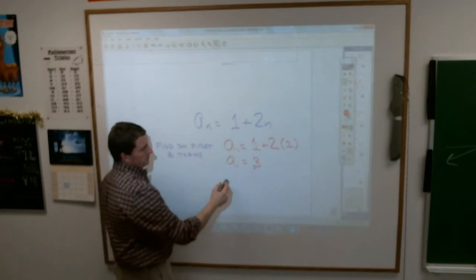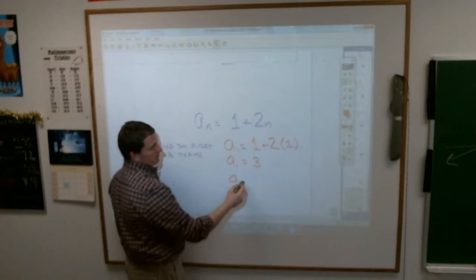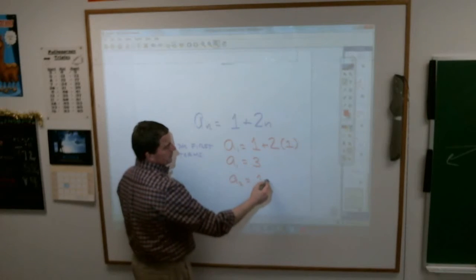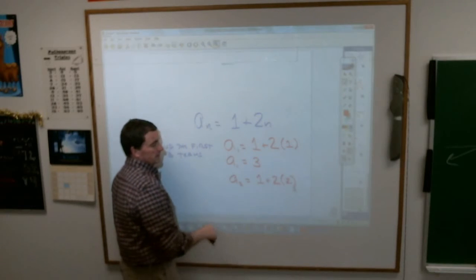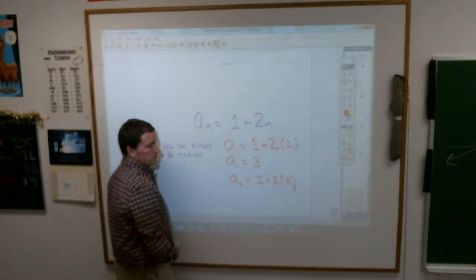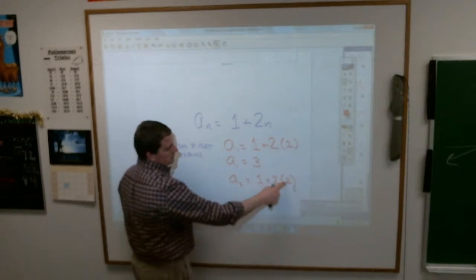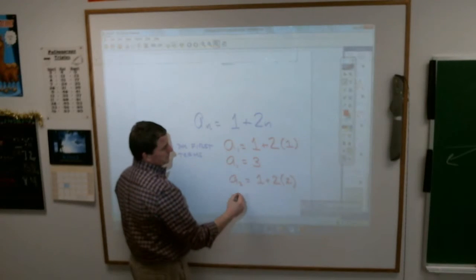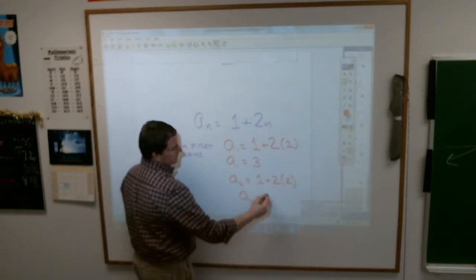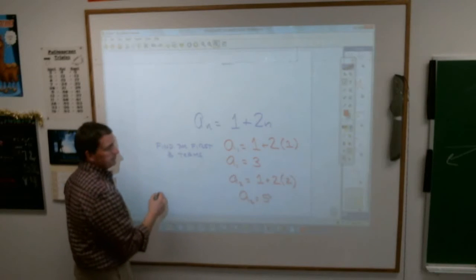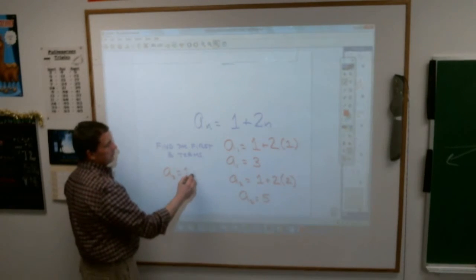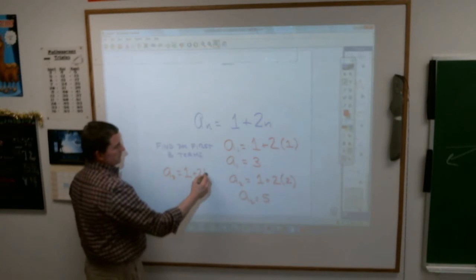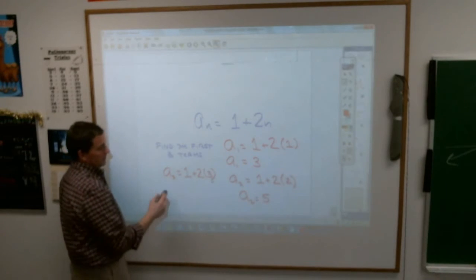The second term would be 1 plus 2 times 2, because it's the second term, n equals 2. So 2 times 2 is 4, plus 1 is 5. And the third term, A sub 3, equals 1 plus 2 times 3.